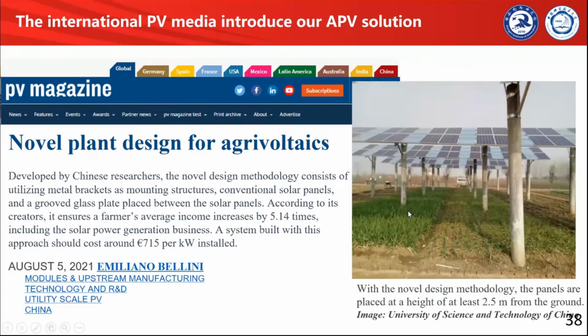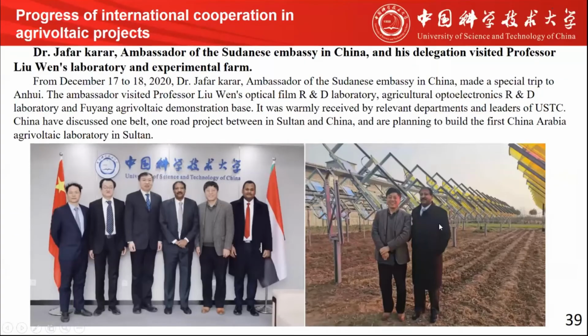This also got attention from some African countries, like Sudan. The ambassador visited USTC and tried to introduce our technology into Sudan and set up a joint lab.